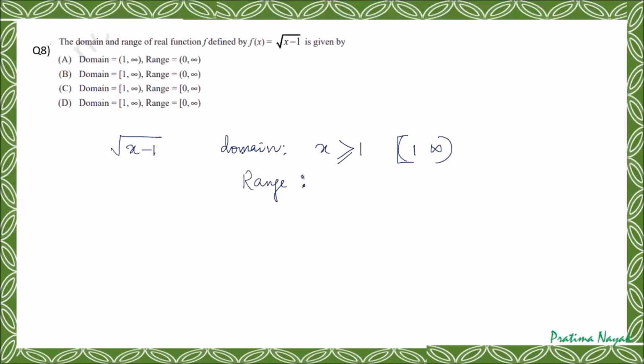Check the options. Here 1 is not included in one option, but our answer has 1 included. So domain 1 included to infinity, then range is 0 to infinity. C is the answer. This is 0 included to infinity.